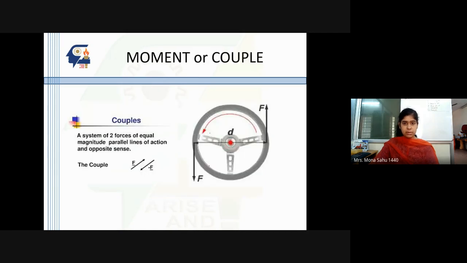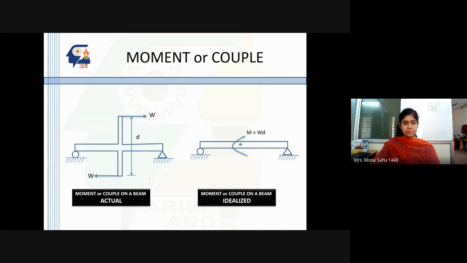What is a moment or a couple? You know this because we have learned it in engineering mechanics, so I'm not going to get into details. A system of two forces, equal and opposite in magnitude, with parallel lines of action and opposite in sense, will create a couple, a rotating force basically.